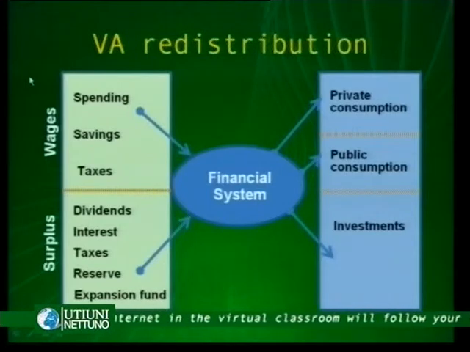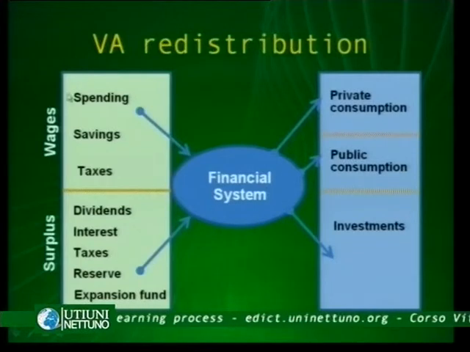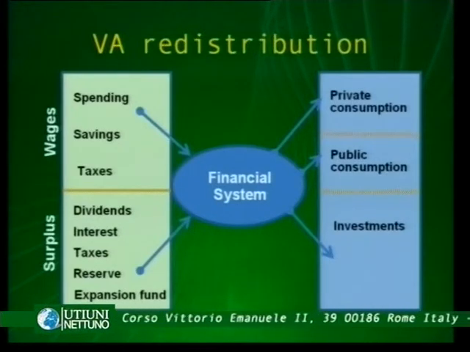This reasoning is explained in this slide. On the left side, you have the value added divided into the two different components of wages and surplus. On the right side of this slide, you have consumption divided between private and public consumption.